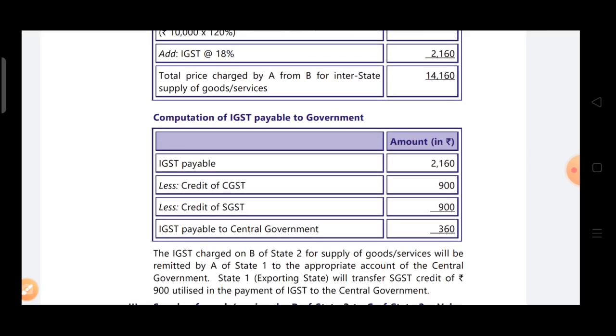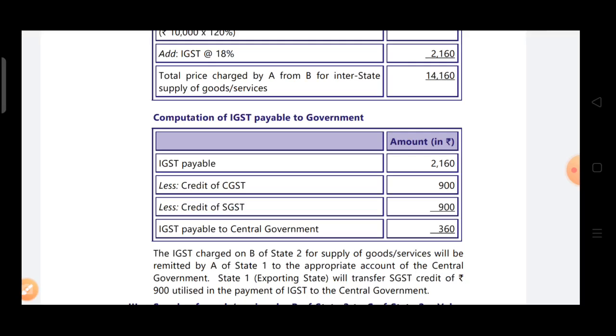Now CGST credit, as we know, CGST credit will be utilized for set off of CGST payable and IGST payable. So the shortcut was CI for C and SI for S. So CGST credit will be utilized for payment of CGST and then IGST. So as the CGST credit is available in the sum, we don't have CGST payable, so directly we'll set off this amount with IGST payable.